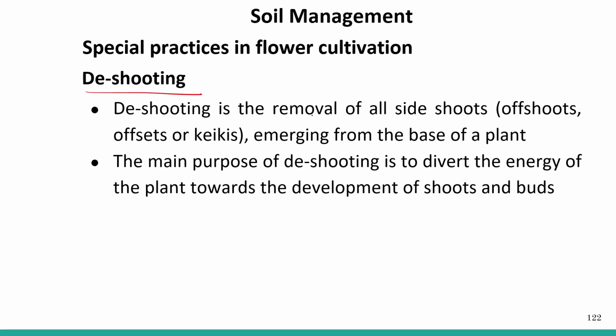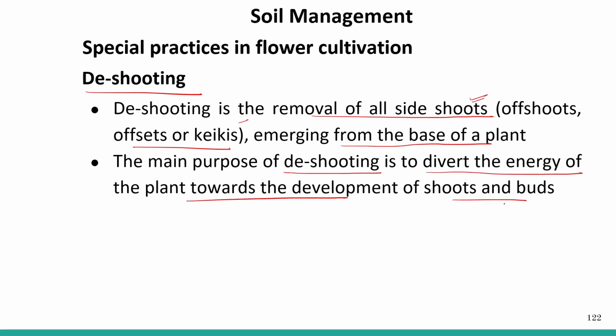De-shooting. De-shooting is the removal of side shoots, offsets, or suckers emerging from the base of the plant. So sometimes shoots can be cut off from the base of the plants. The main purpose of de-shooting is to divert the energy of the plants toward the development of shoots and buds, so that the plants do not give extra branches, okay?